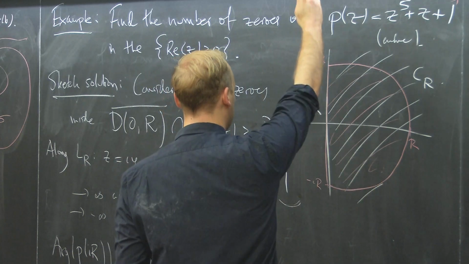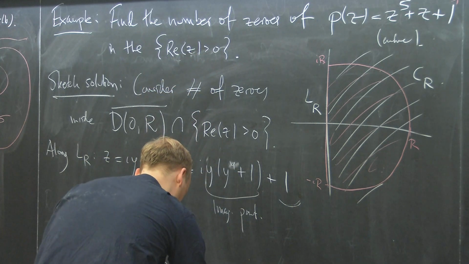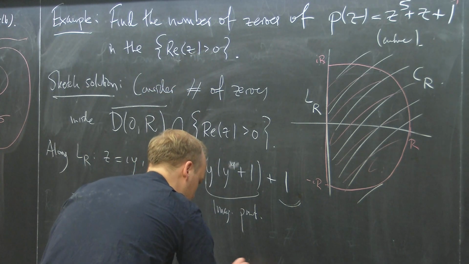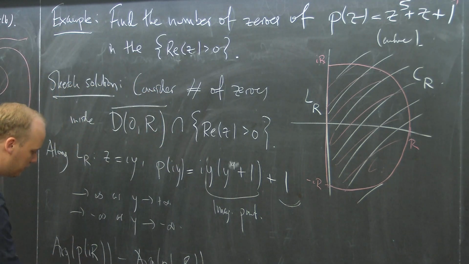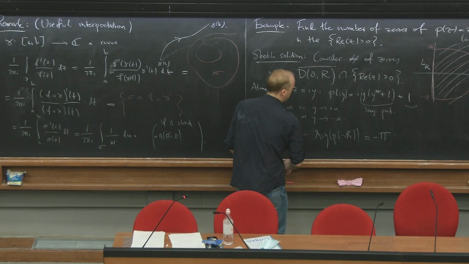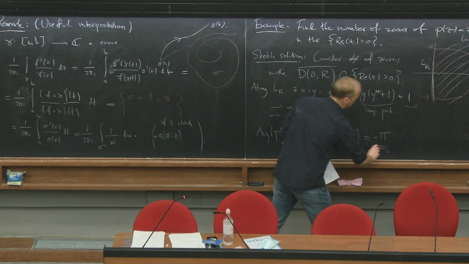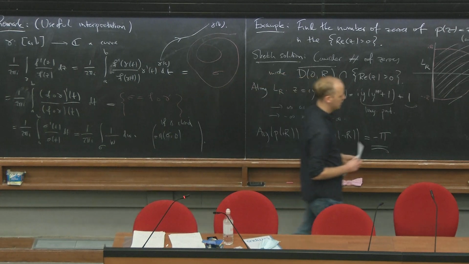So one will just go off here and one will go down. The difference will be pi, but actually it will be minus pi, because of this orientation. So you can check this. I'm not saying that this should be obvious, but I'm claiming that this should be minus pi.